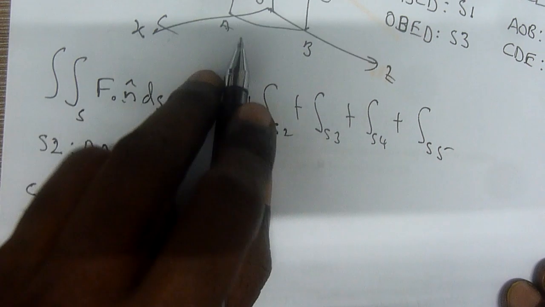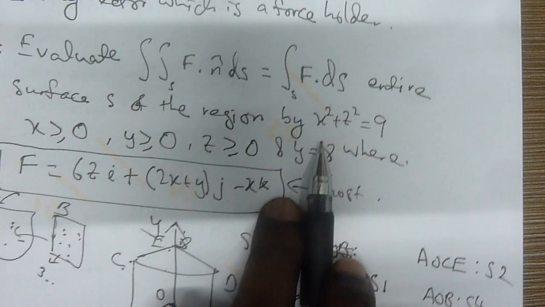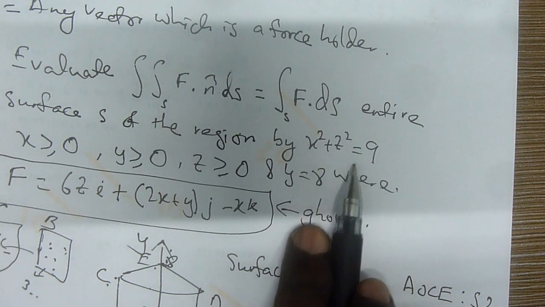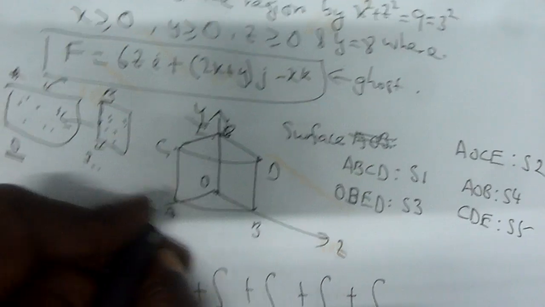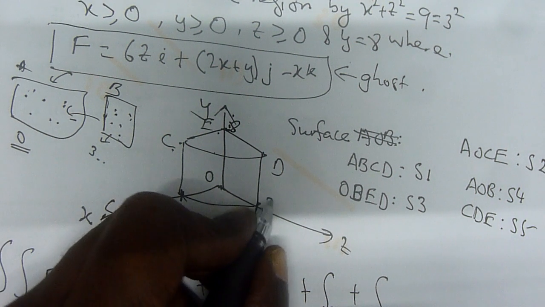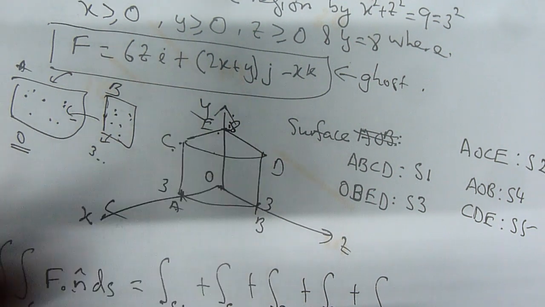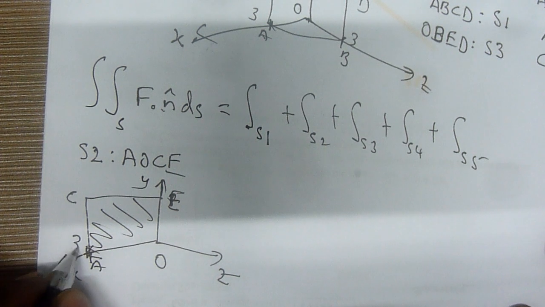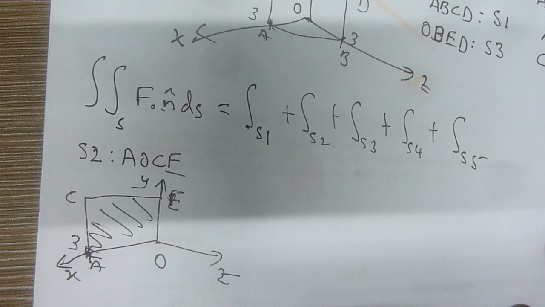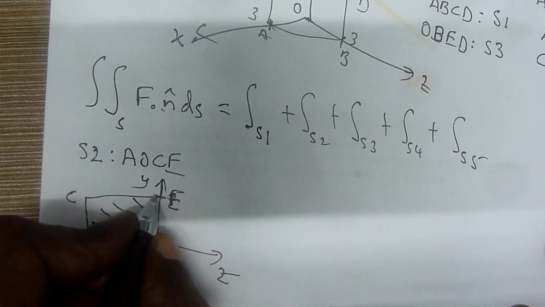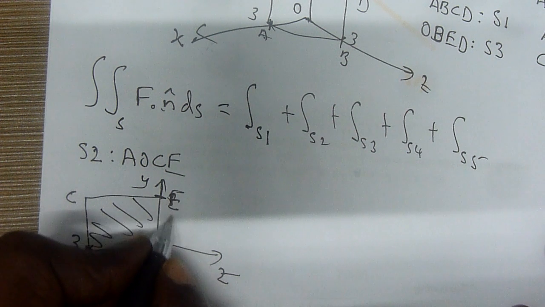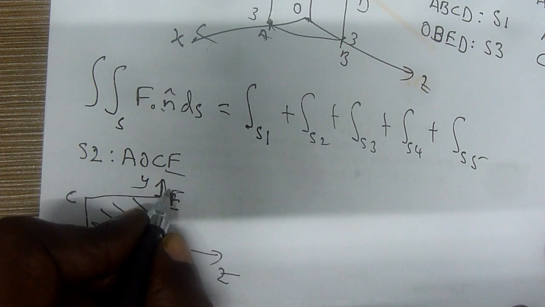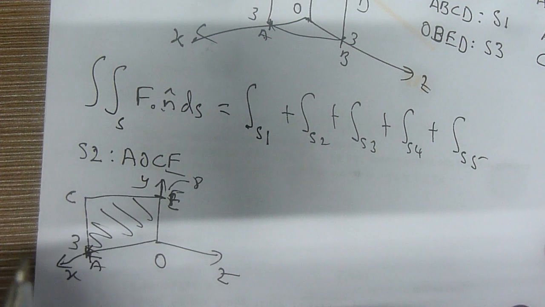Easy, right? How do I know? Go back to this one. Always remember, this is 3 squared. That means this is 3, right? 3, 3, 8. Therefore, this is 3. It's a known value 3, and this one is 8. The value of that one is 8.